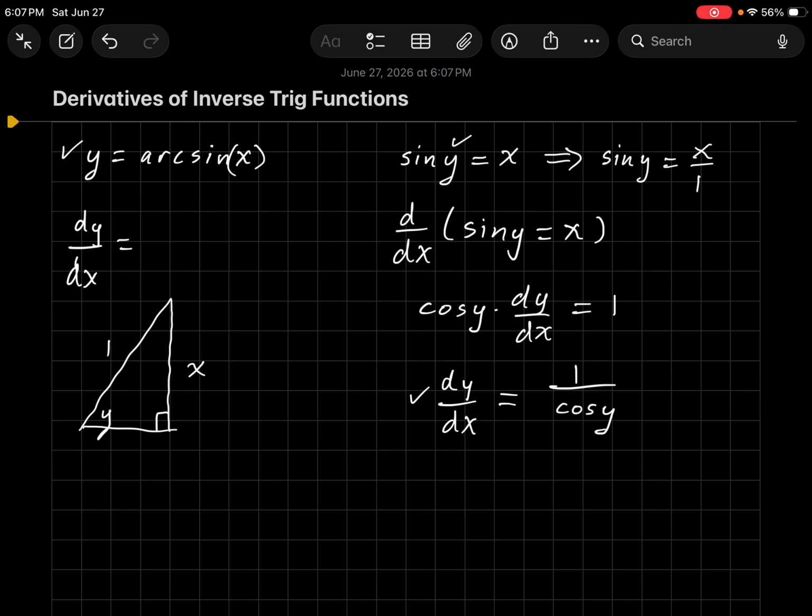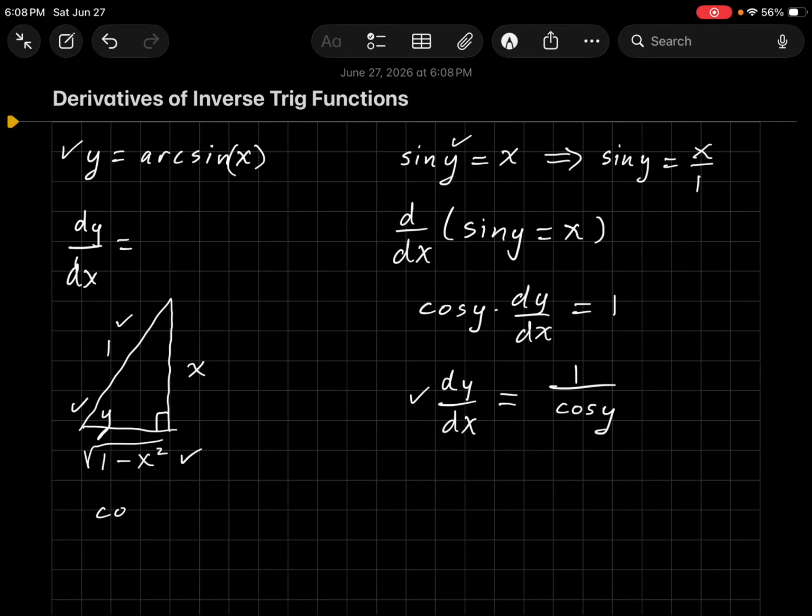The Pythagorean theorem gives us the third side, which is the square root of 1 minus x squared. So now we can find the cosine of y in terms of the angle right here. The cosine of y is the adjacent over the hypotenuse.